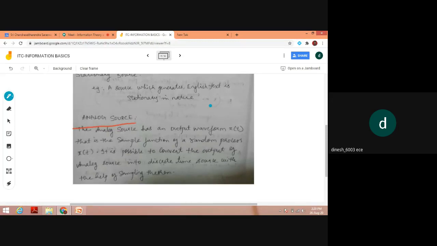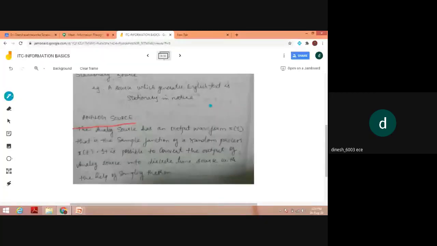If we use that type of system instead of digital, where we write in terms of zeros and ones, in the form of RZ, NRZ, return to zero, non-return to zero, the representation is always in waveforms with respect to x of t. Then this type of system is called an analog source.